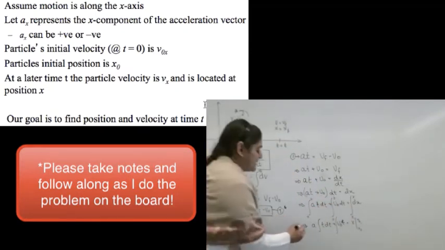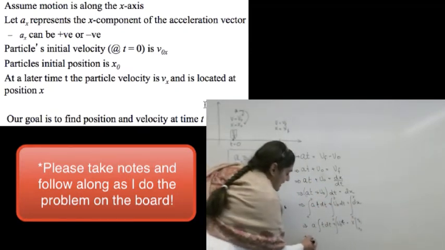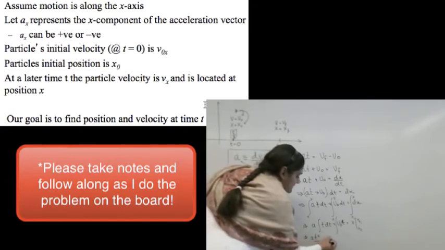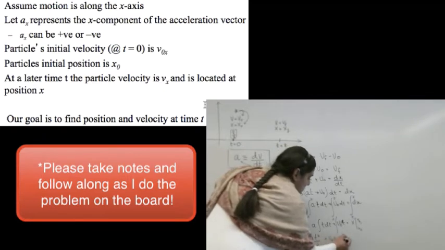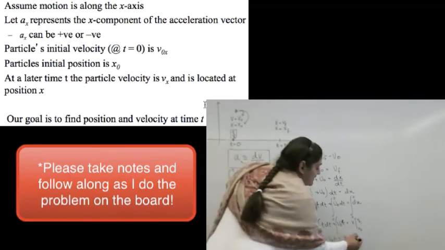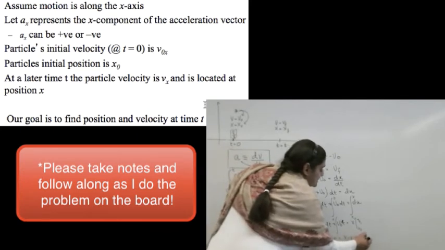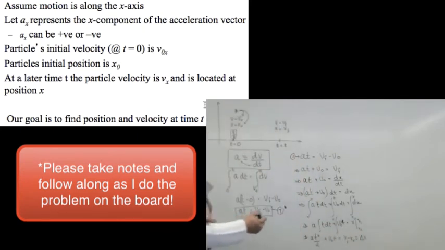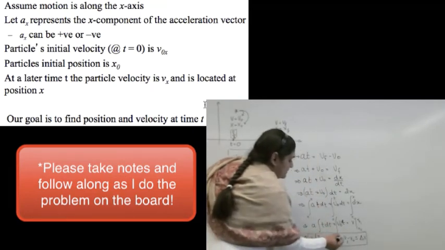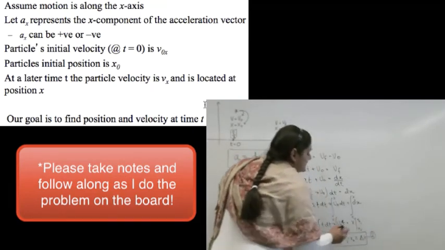If I'm integrating this one, it's going to give me a t squared divided by 2 plus v naught t gives me x minus x naught, which I can rewrite as delta x, right? This is my second equation of motion. Number 2. Done.